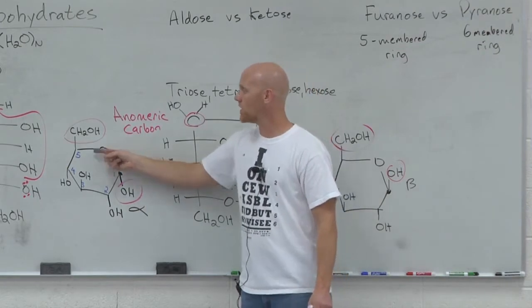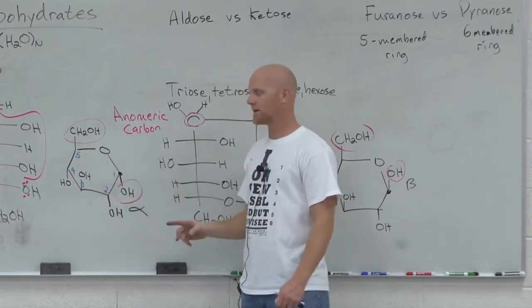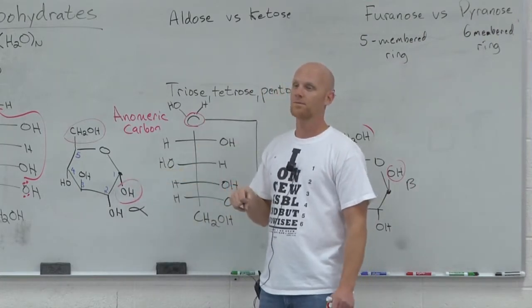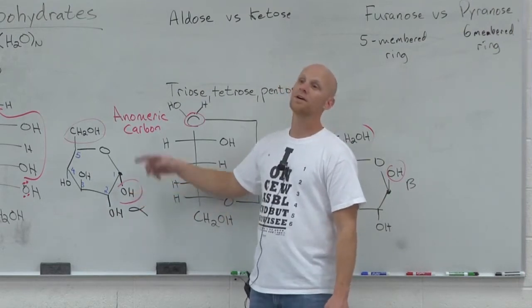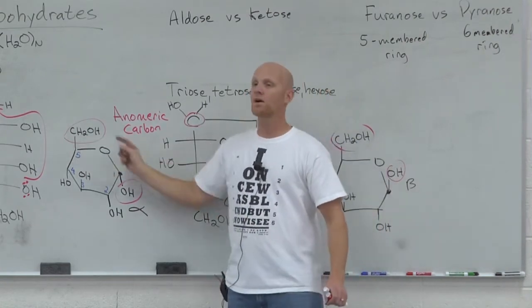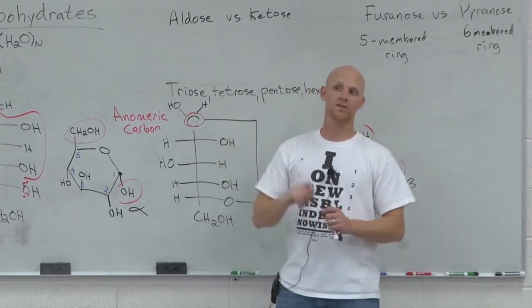One of them is an OR. R can be any carbon chain, and this is just a big cyclic carbon chain, right? And the other one is an OH. That's the hemi. Now, if I change this to another OR group, that would make it an acetal. But with one being an OR and the other being an OH, it's just a hemiacetal. And we'll show an acetal in just a sec as well.